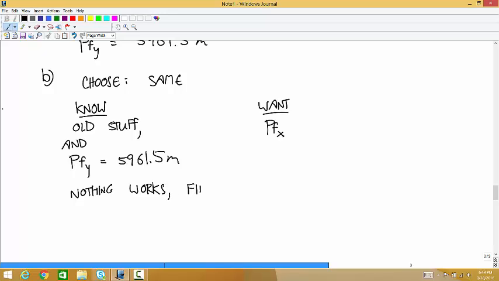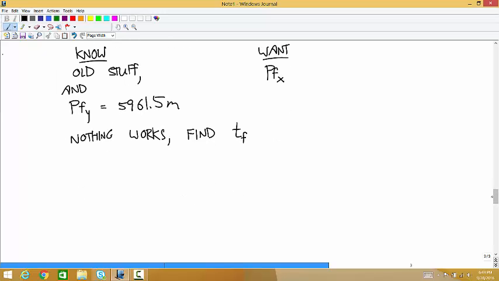So find TF. Okay, so there are 2 equations we can use to find TF. Might as well use the easier one. So let's use VFY is equal to VIY plus AYTF. VFY is 0.